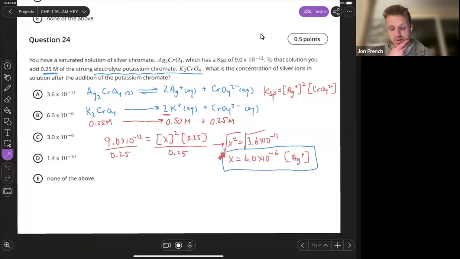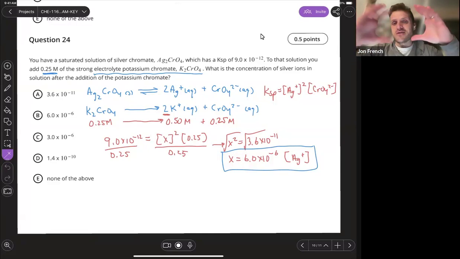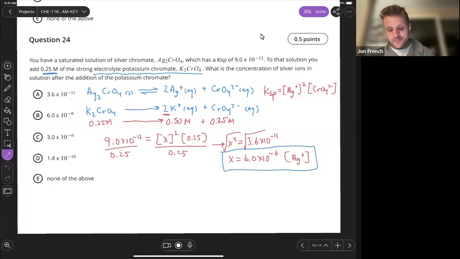Here, we don't have to multiply it by 2 because we're saying the silver concentration, whatever it is, is x. So it's already kind of taken into consideration, right? That coefficient of 2 is there because we're looking for all of the silver concentration, and we're just calling that our unknown x. If that answers your question, Lily.